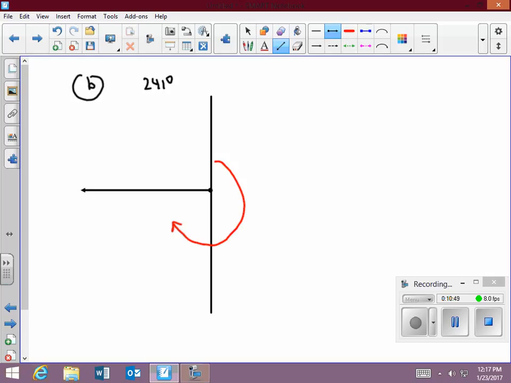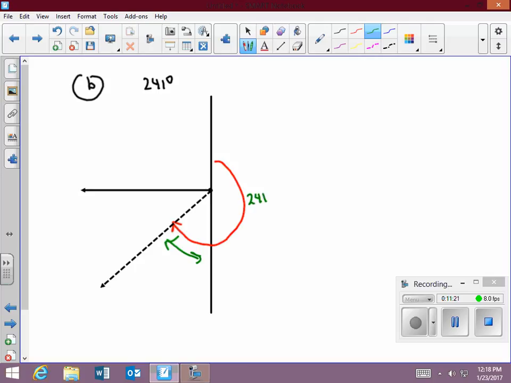And let's see. So what I have is I'm going to have to figure out this one, right? What I'm going to have to do to get that, this is 241, and then this angle right here is 180.